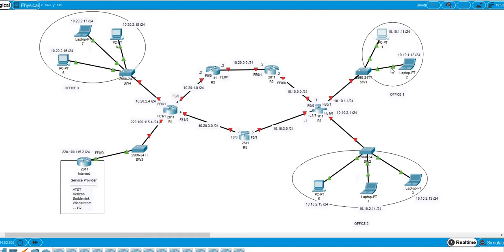On the side, we have 2 offices, Office 1. At the bottom, we have Office 2. On the far left-hand side, we have Office 3. Let's try to see if PC1 in Office 1 has any connectivity to any of the computers over to the left-hand side in Office 3.